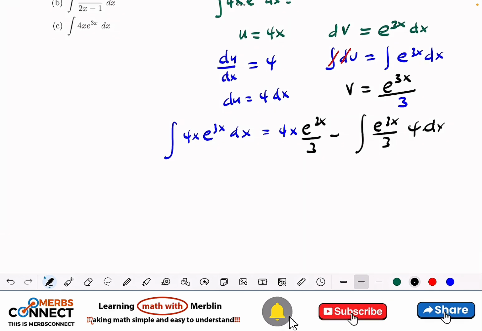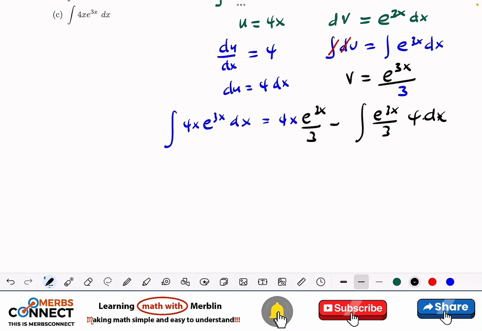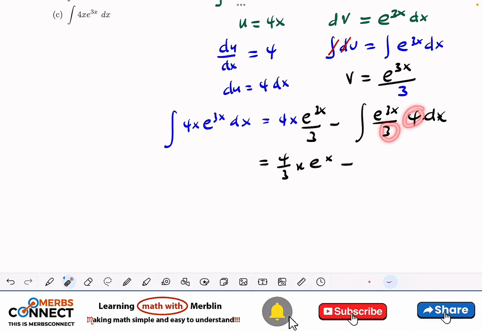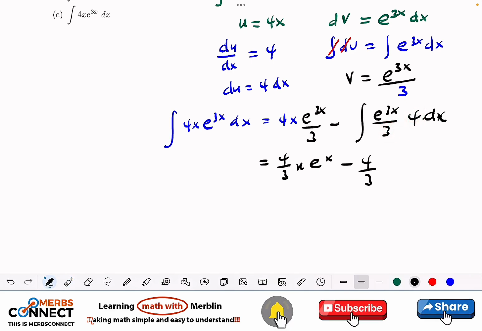Very nice. So now that we're able to use integration by parts, the rest is just simplification. So this is 4 over 3 x e to the power 3x minus, I can factor these out and have 4 over 3 times the integral of e to the power 3x dx.